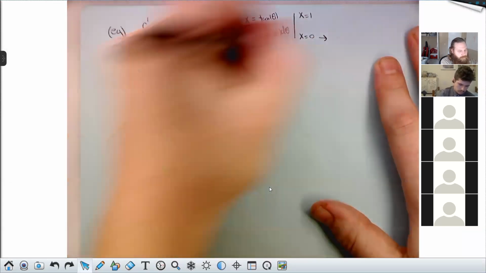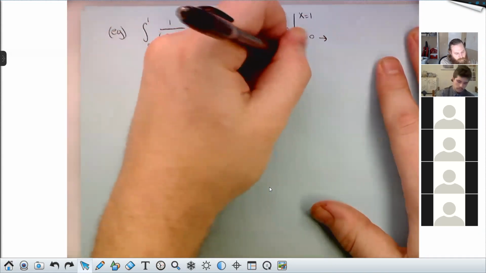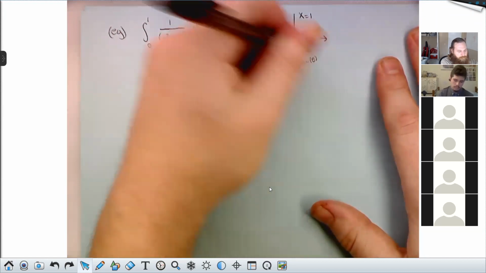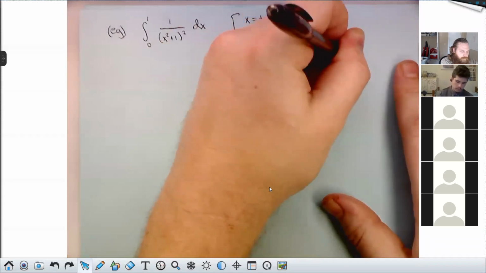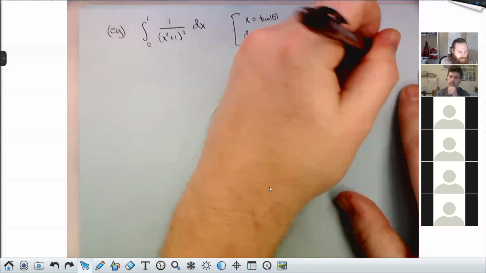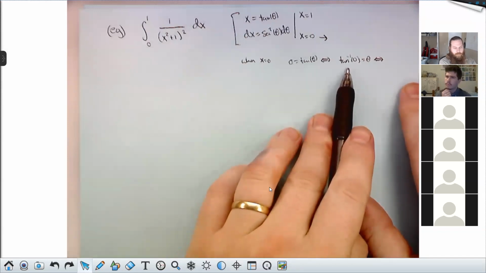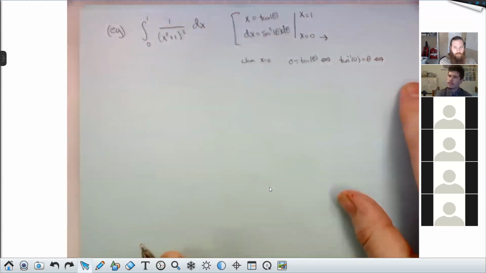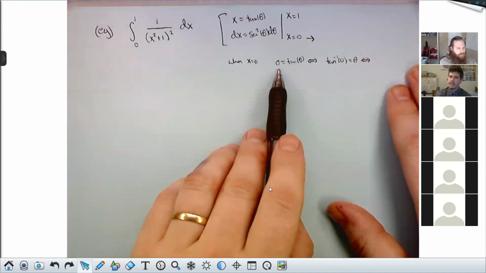So when x is equal to 0, I will have 0 equals tan theta, which means the inverse tangent of 0 is equal to theta. What is the inverse tangent of 0? How did you get to the inverse tangent of 0 from the tangent of theta?